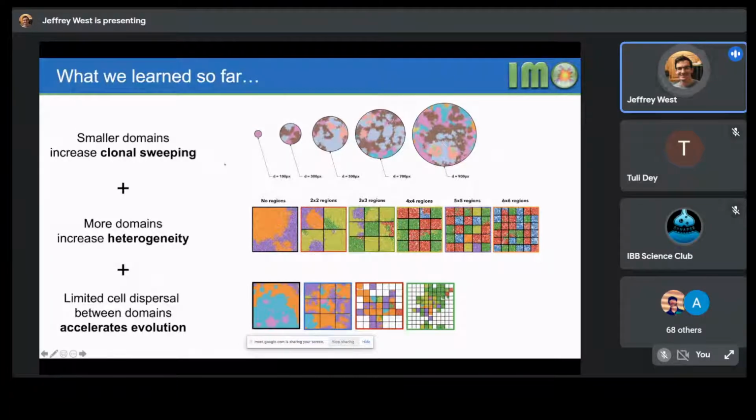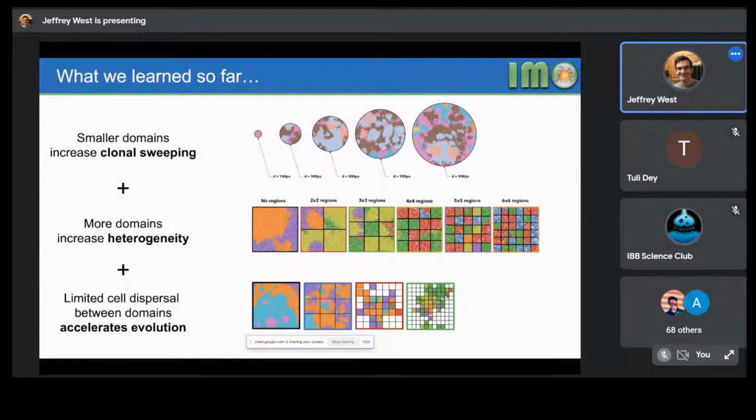That's because smaller domains increase clonal sweeping, and if you allow for dispersal into new unexplored territory, that aggressive clone can expand. So what I'm saying basically is that this is an example of natural selection in action.